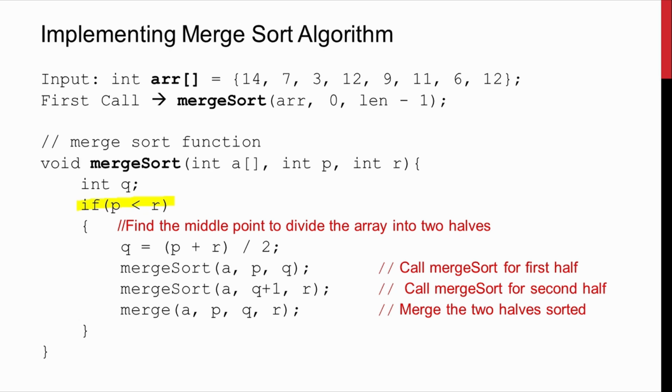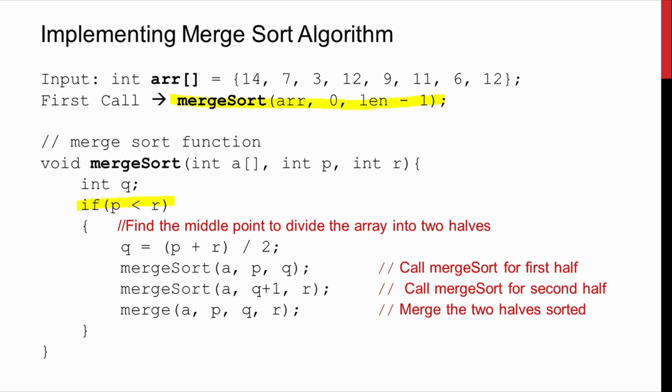After that the merge function comes into play and combines the sorted arrays into larger arrays until the whole array is merged. To sort the entire array we need to call merge sort. Initially we call merge sort with the array, 0 and length of array minus 1.